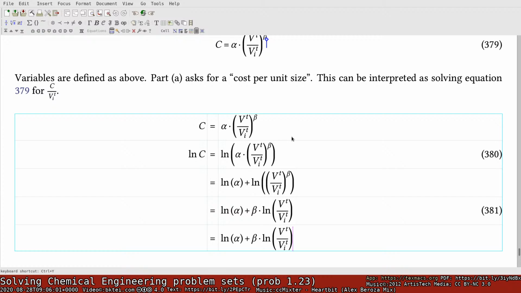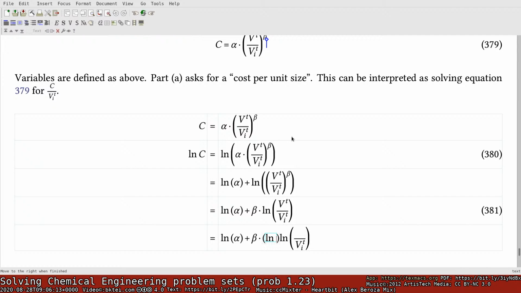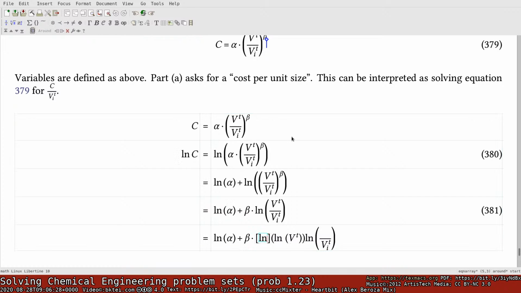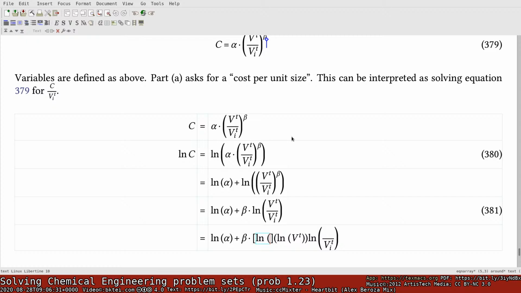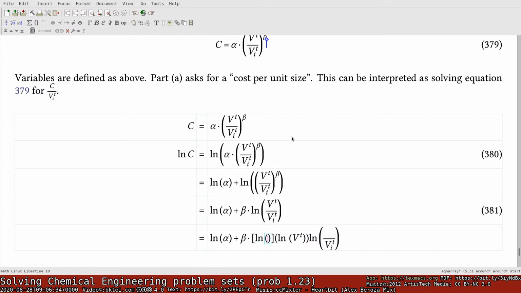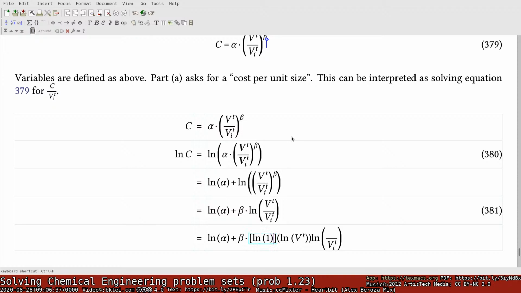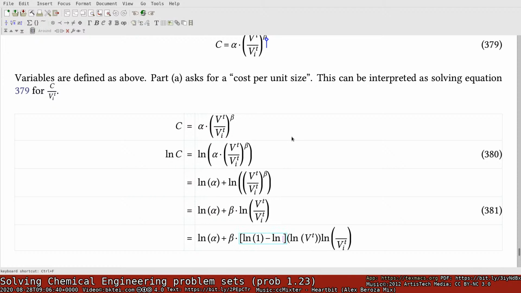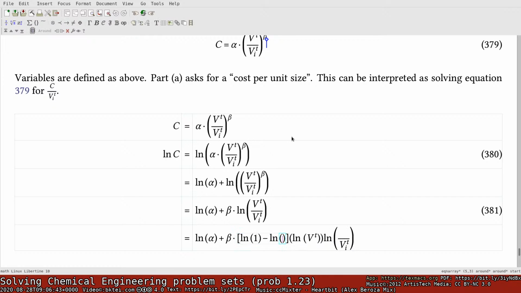And let's break that up even further: natural log of something minus the natural log of something else.